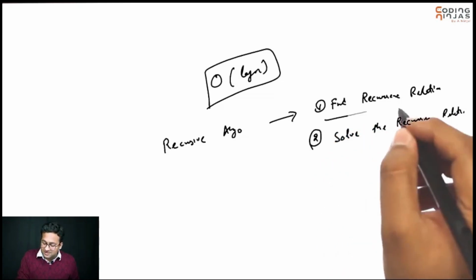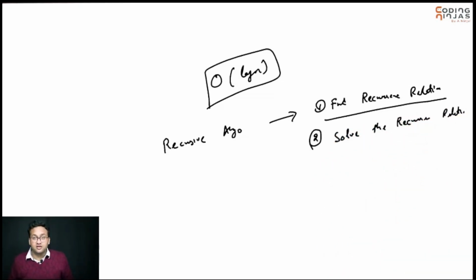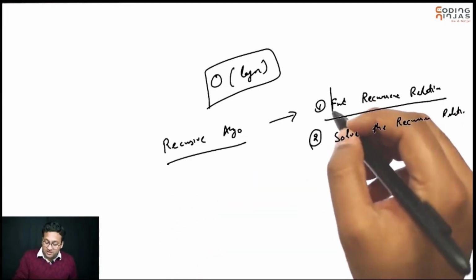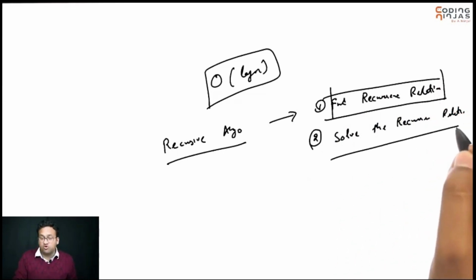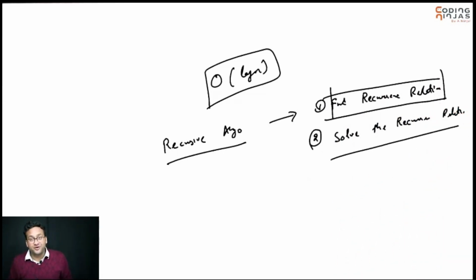I think this is something that you will always be able to do in case of recursive algorithms. Once you have done this, your work will be to solve it as well. Okay, perfect. So please practice with some recursive solutions and it will give you a lot more confidence on how to find time complexity of recursive functions. Thank you.